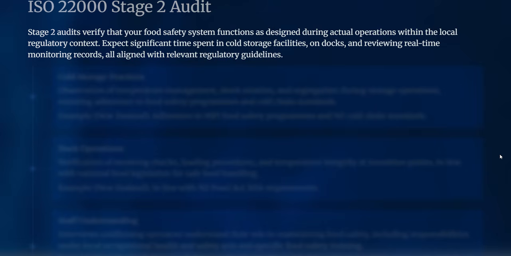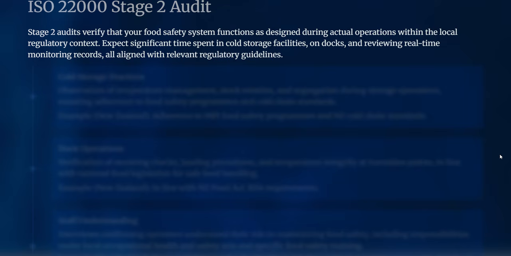All right. And now with stage 2, what do they do? In the stage 2 audit, they verify that your food safety systems function as designed during actual operations within the local regulatory context. So now they want to compare. If they find everything documented very well, now they want to observe, they want to interview, they want to walk the line to see if everything documented is compliant with the regulatory context.